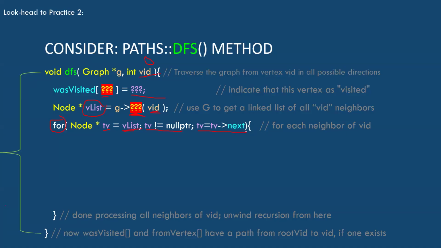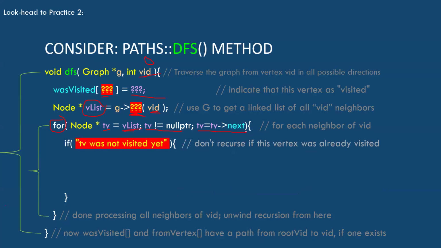When you're done, move it forward. So what do we want to do in there? Okay, if this vertex that we're pointing to is not visited yet, then we can recurse, right? We can say, okay, I will drop down a level and follow that vertex from the linked list, okay?